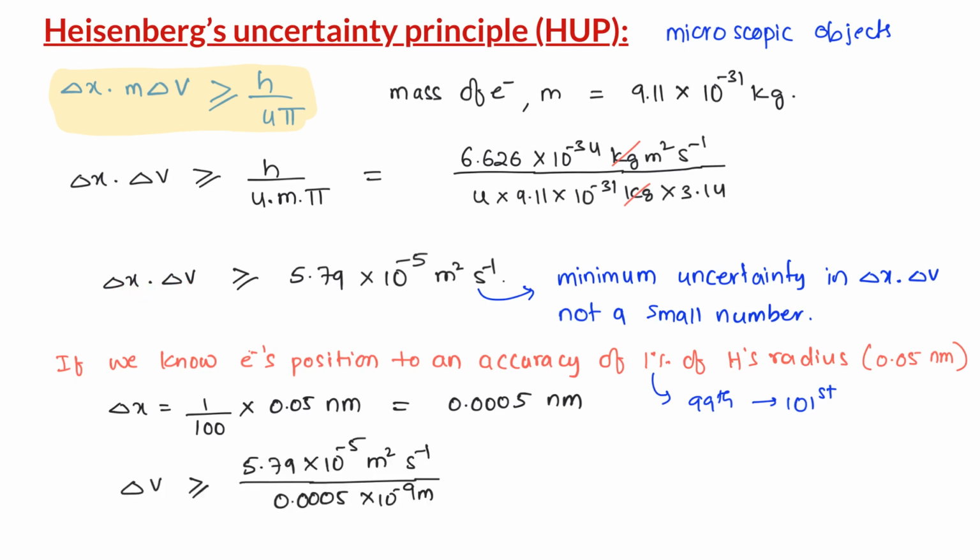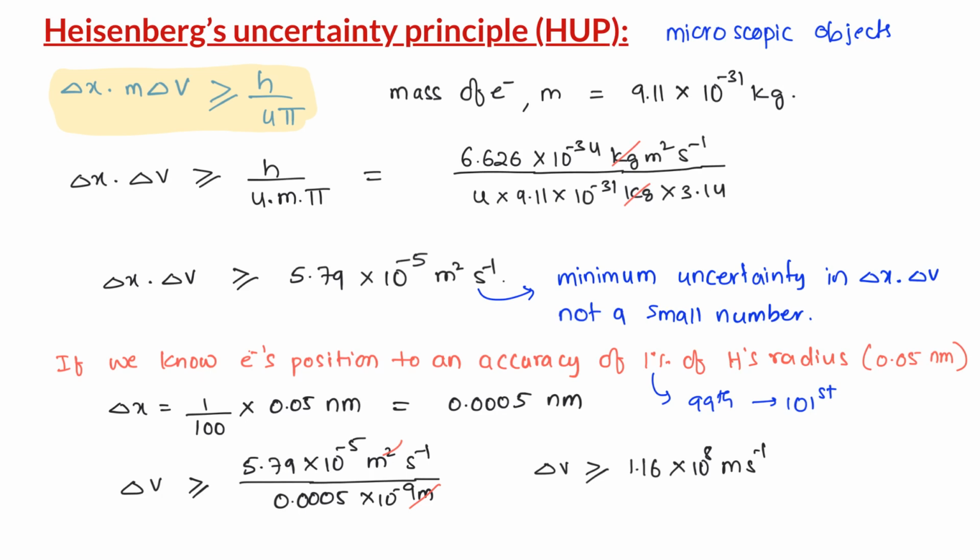Let us now plug in this delta x value in the above equation. Delta v is greater than or equal to 5.79 times 10 to the negative 5 meter square per second divided by 0.0005 times 10 to the negative 9 meters. If we do the math, we get delta v is greater than or equal to 1.16 times 10 to the 8 meters per second.